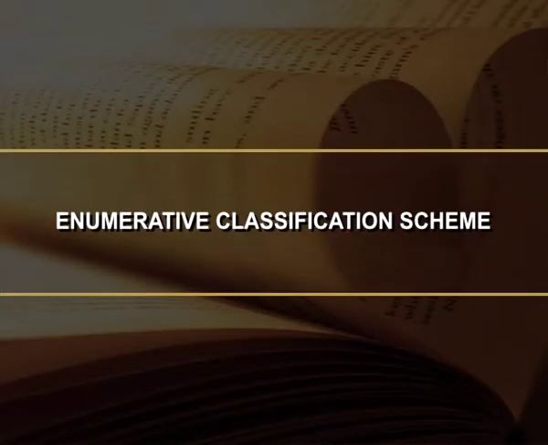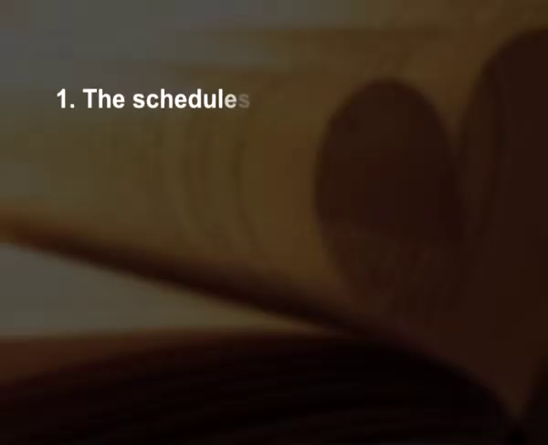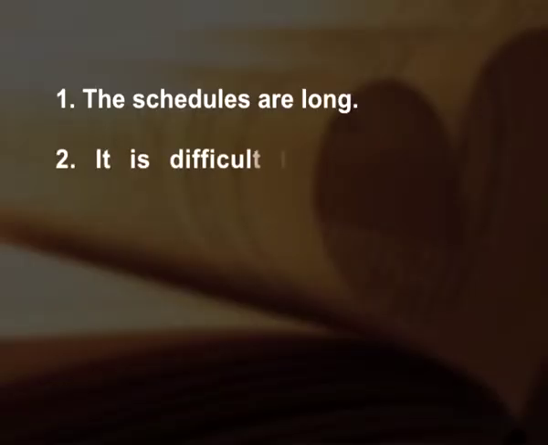Enumerative classification scheme. An enumerative scheme for classification consists essentially of a single schedule enumerating all the subjects of the past, present and the anticipatable future. The important features of an enumerative classification scheme are: 1. The schedules are long. 2.